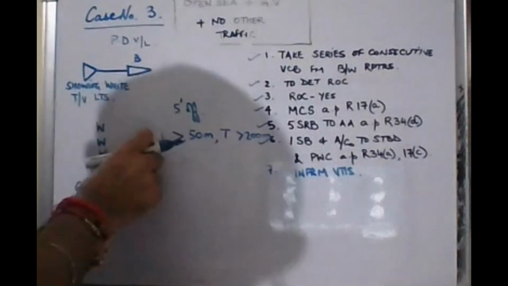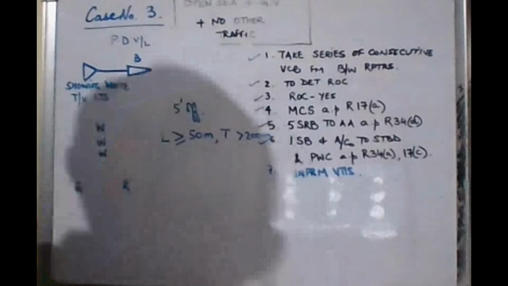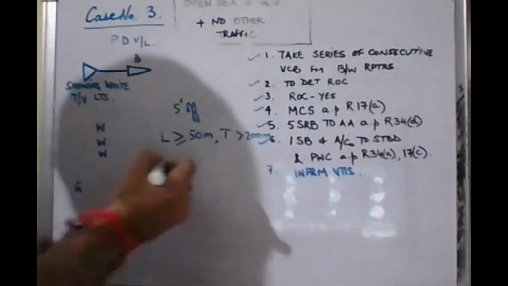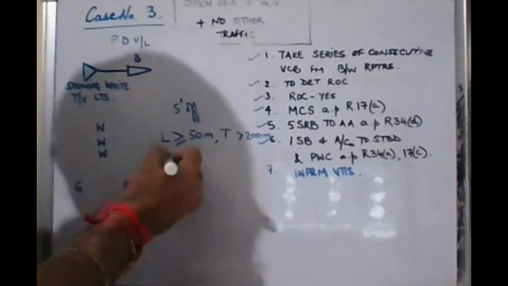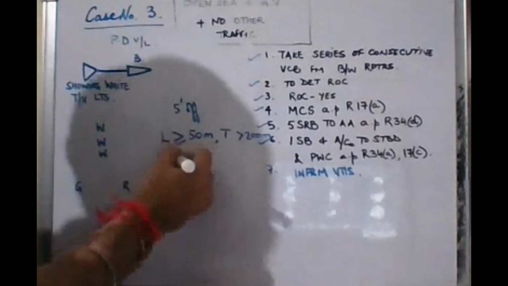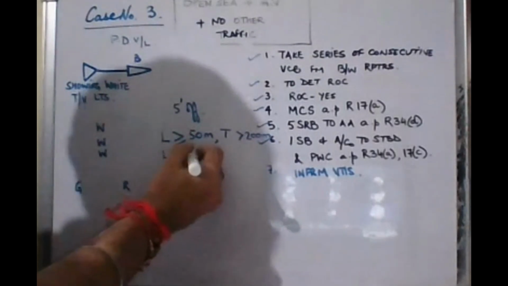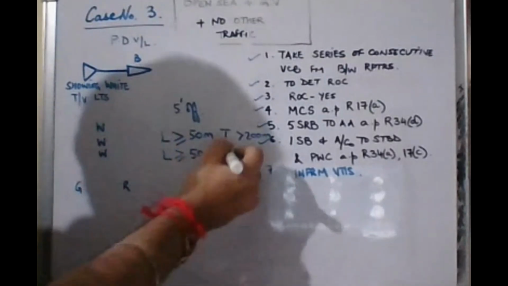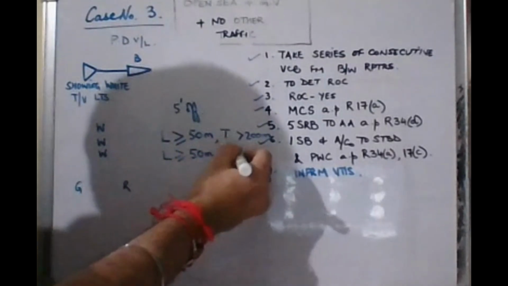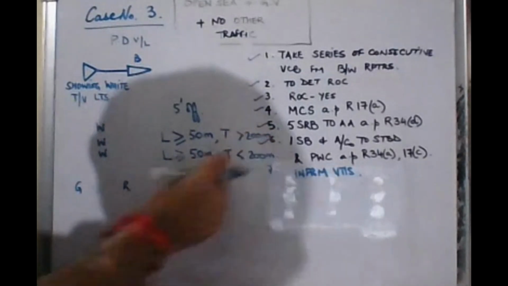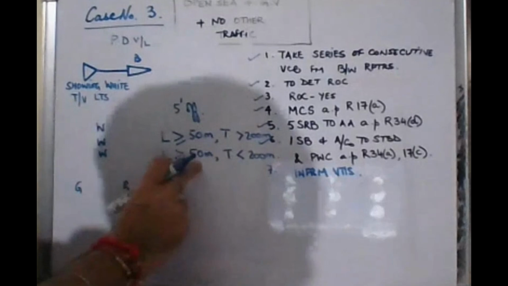Okay. Now you see 3 lights like this. The length of tow will be less than 200 meters. Length probably 50 meters or more.